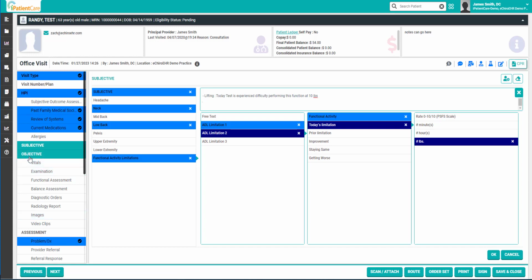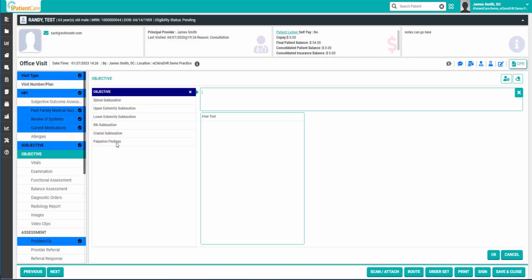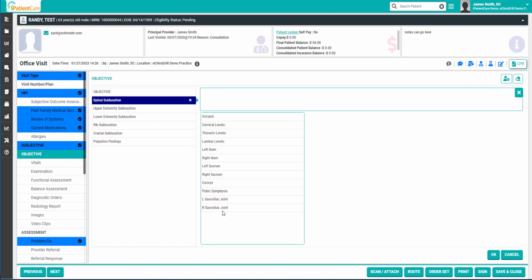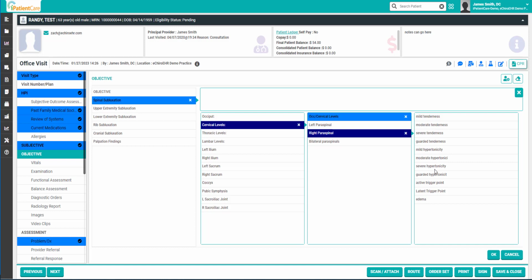Moving on to objective findings. When we select objective, this is where palpatory findings can be documented by the chiropractic physician and physical therapist. And so spinal subluxation, simply selecting the region and the levels of the spinal subluxation. And then, of course, any paraspinal changes, whether it's tenderness or hypertonicity or trigger points or edema that's involved, this can be documented appropriately at this level, helping to validate a subluxation is present in that particular region based on Medicare documentation guidelines.